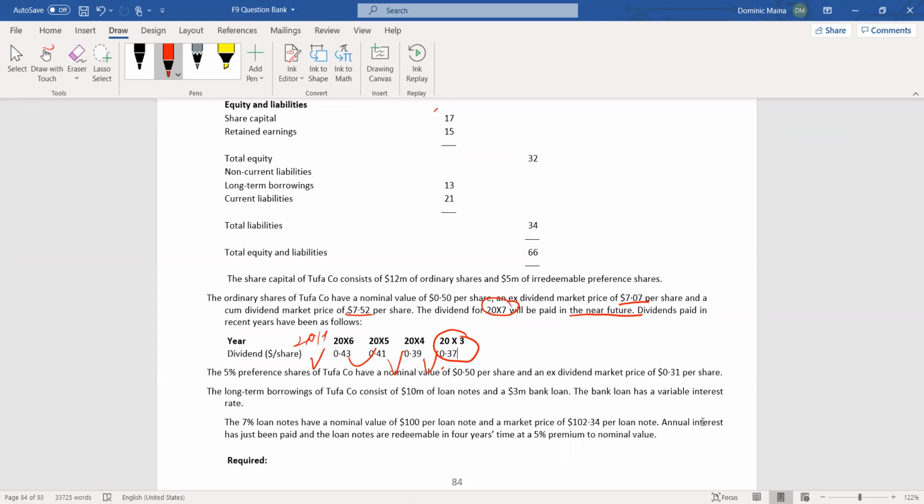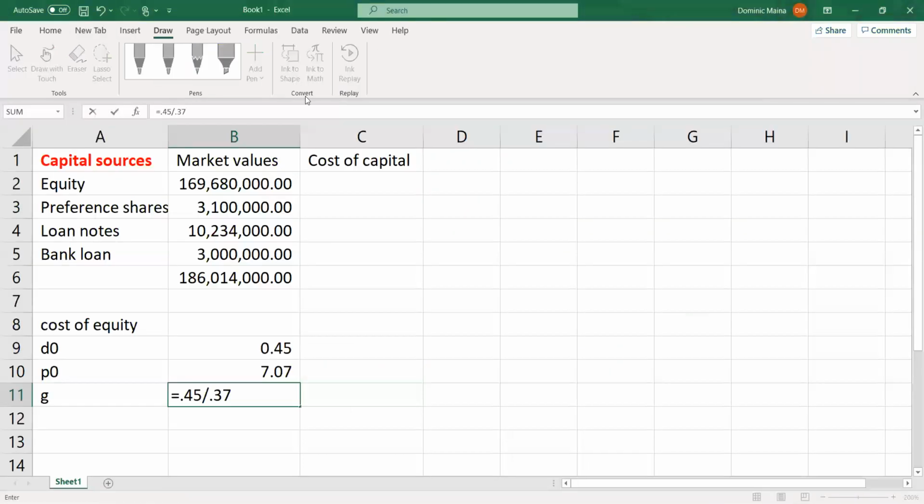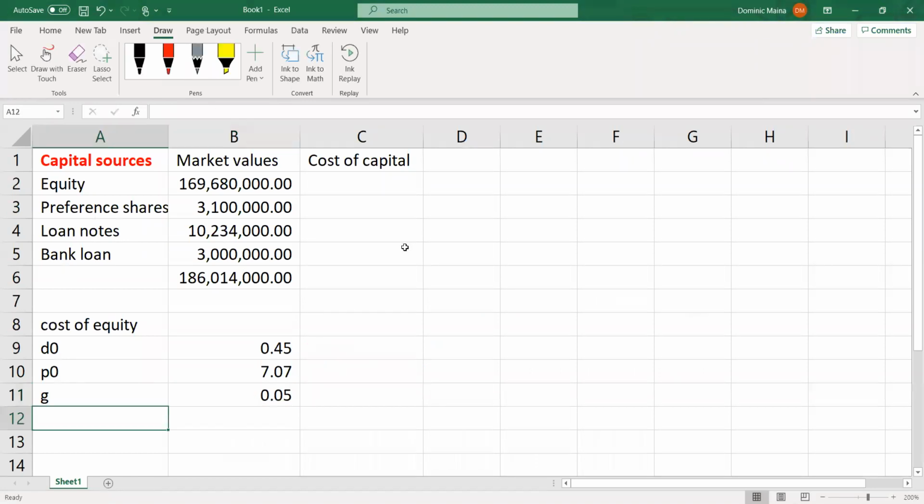There are 4 years of growth, so the power of a quarter. Going back to my workings here, to the power of a quarter. Don't forget, you need to follow the maths rules, so the power needs to be outside of those brackets: 0.25, of course minus 1, to get the growth in the dividend.